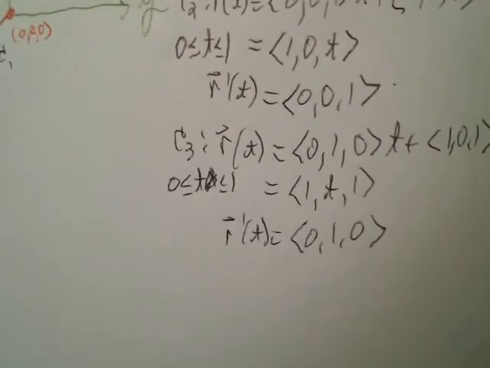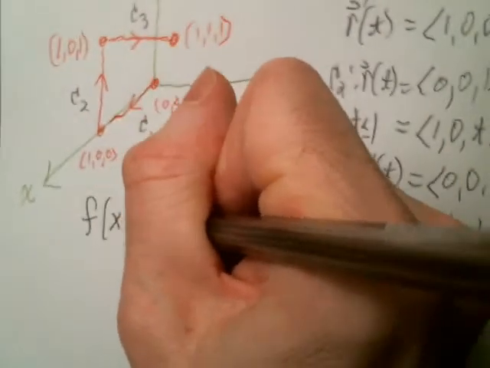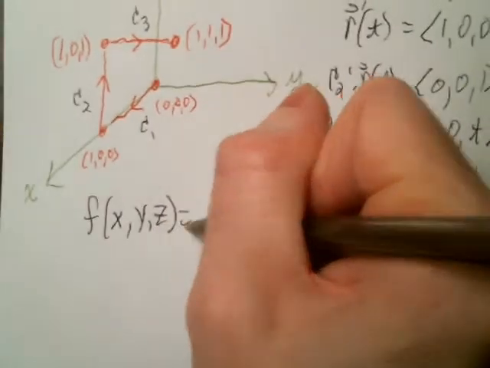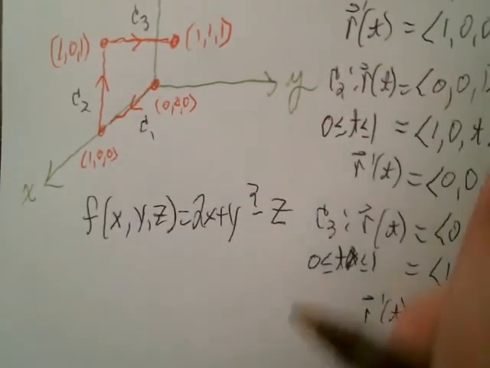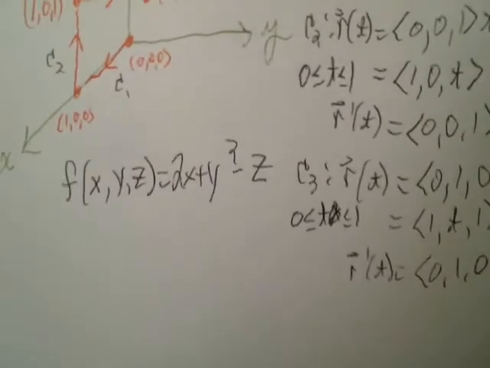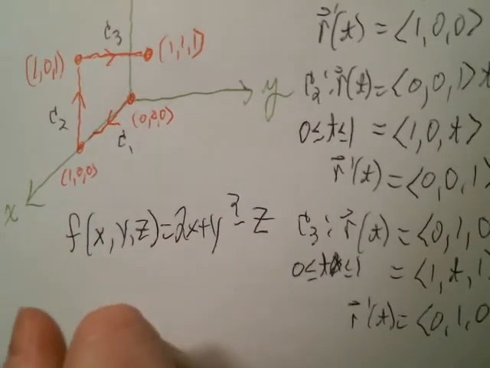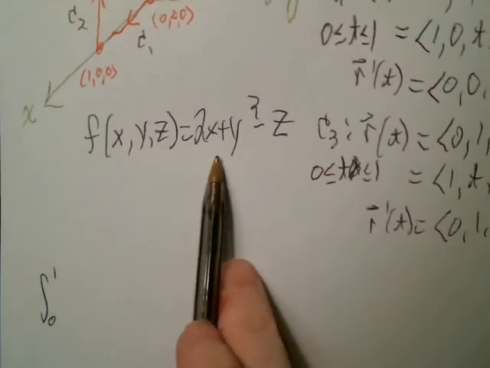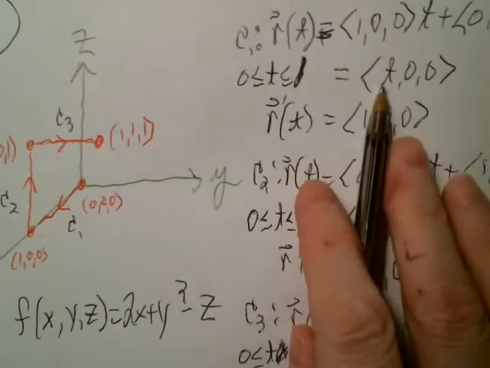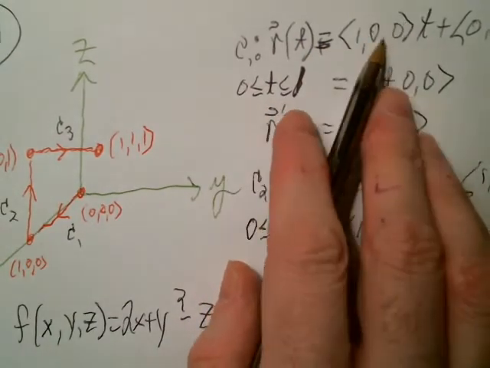Okay. All right, now we can start worrying about integrating this function over these curves. The function is 2x plus y squared minus z. Okay, I need 3 separate integrals. So the first integral, and I'm going from 0 to 1 on this thing, you need to replace x, y, and z with these x, y's, and z's. So r of t equals x of t, y of t, z of t.